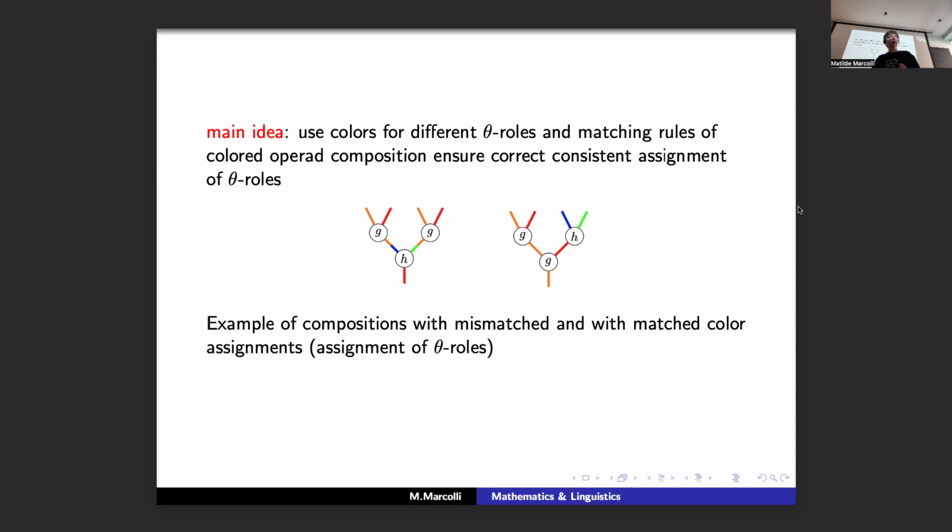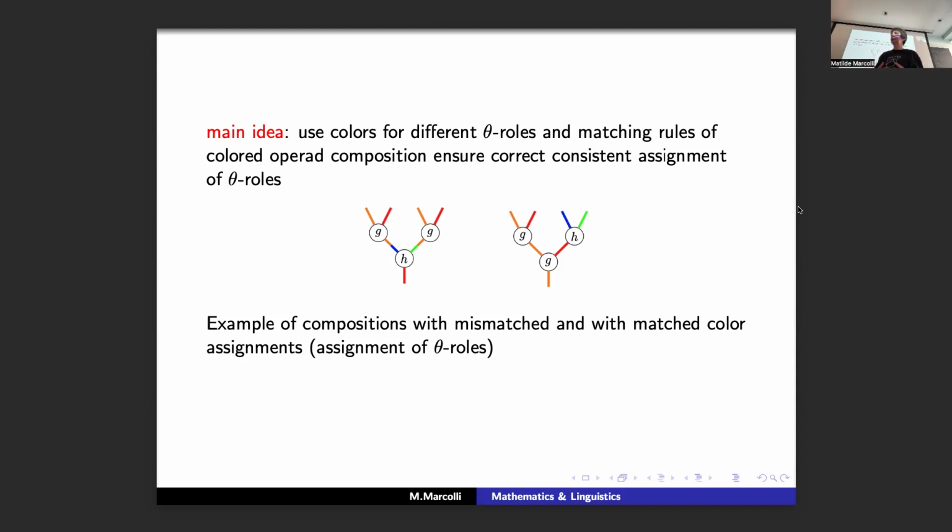In a sense, you can think that when we are trying to build a structure that involves these theta roles, if you have a predicate somewhere in your structure, it emits colors on the edges that will bind to the rest of the structure, and nearby structures that mandatorily combine with that will have to carry the same color.